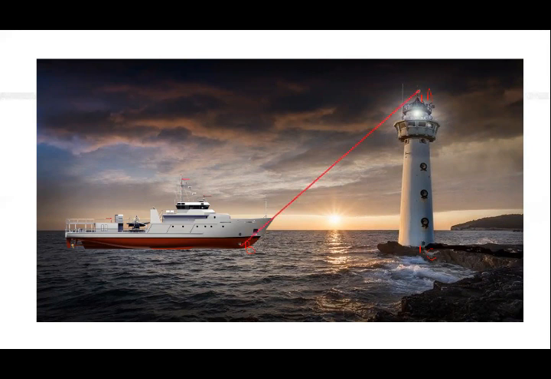If you join all these points, we can see that a right angle triangle is formed. If this person knows this angle and the height of the lighthouse, then with the help of trigonometry, he can easily calculate the distance of the boat from the lighthouse, which is BC.